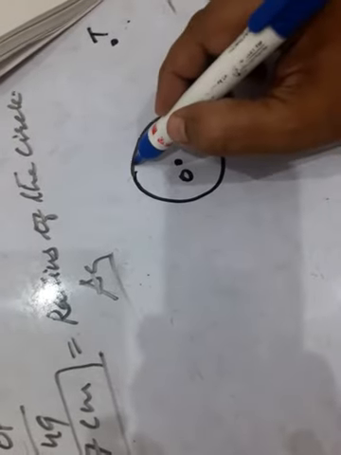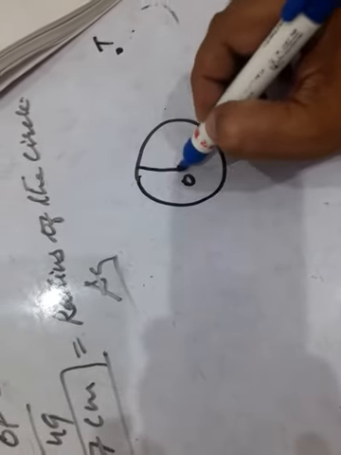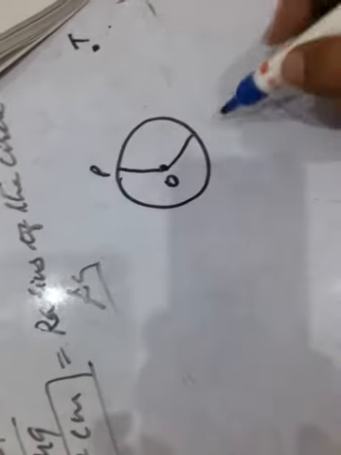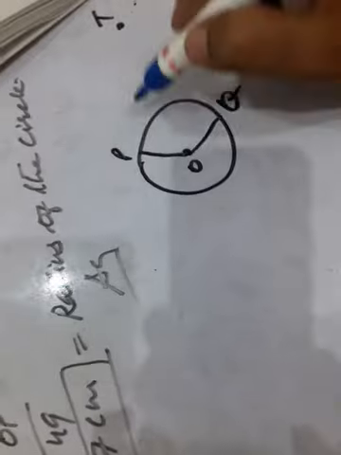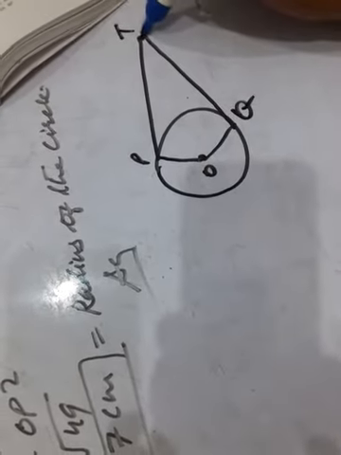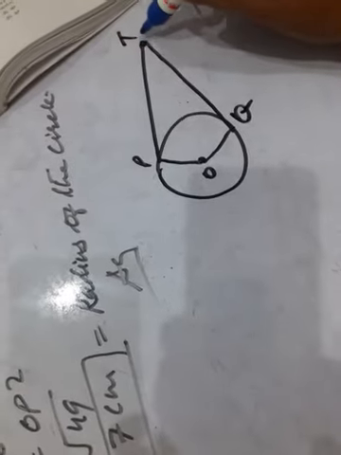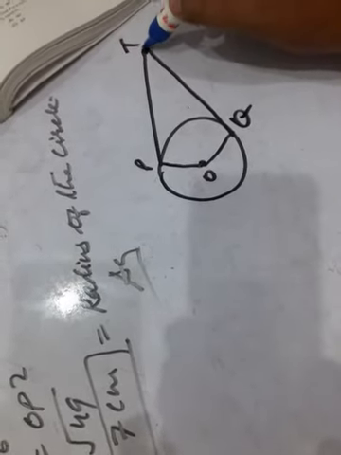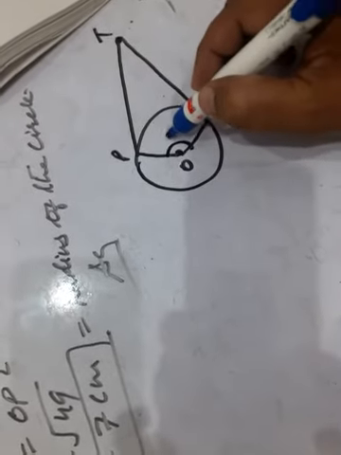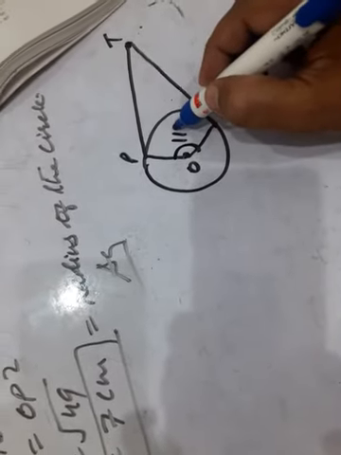P is the point of contact, and Q is the point of contact. As you know, the lengths of tangents from an external point to a circle are equal. Here this angle is given to be 110 degrees.